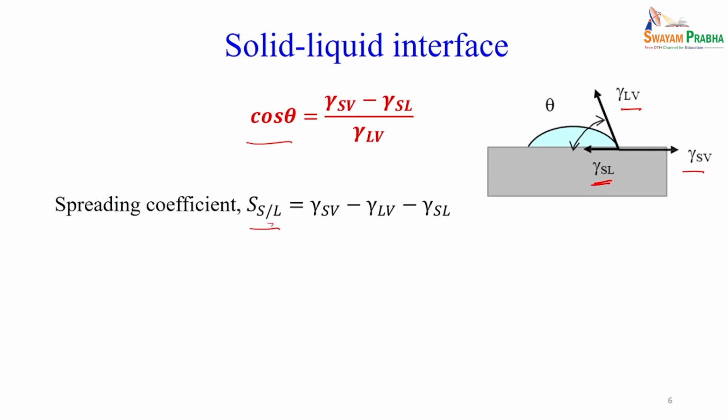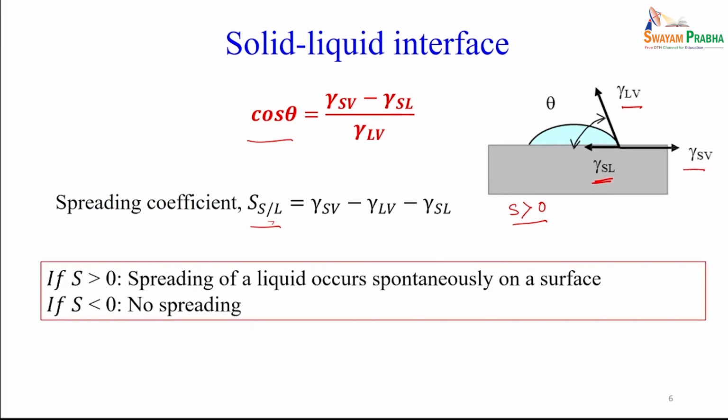So, here this criterion will remain the same. If the value of S is greater than 0, it will completely spread on the surface. If it is less than 0, there will be no complete spreading. So, this is about how adhesion and cohesion take place.